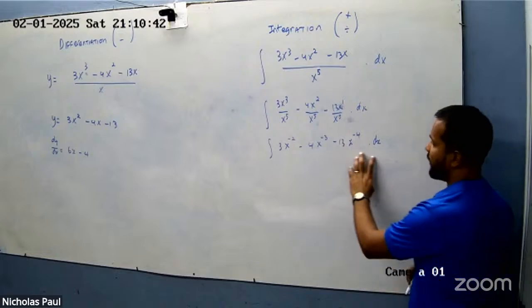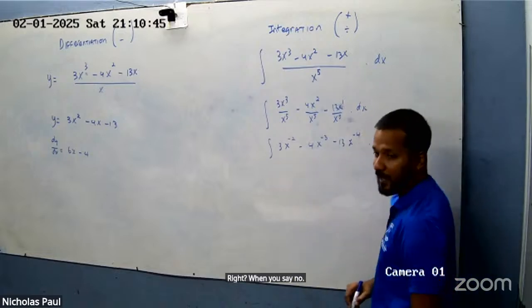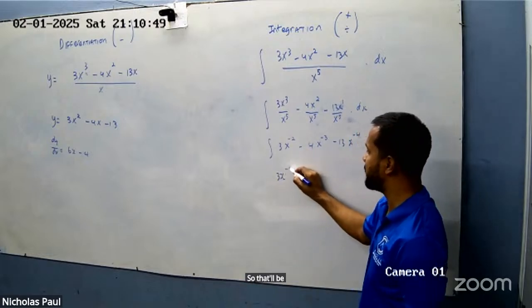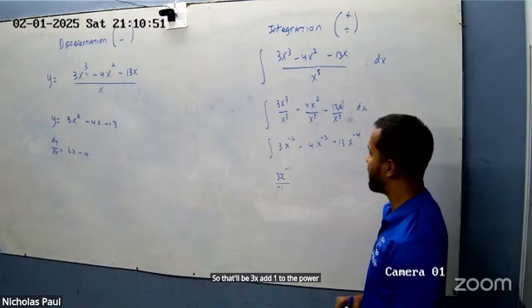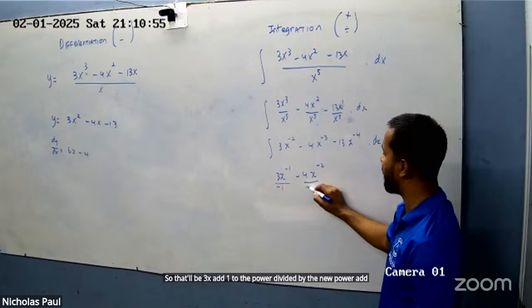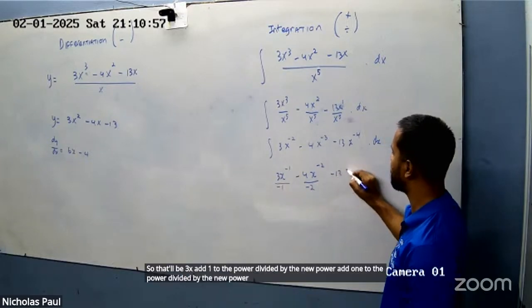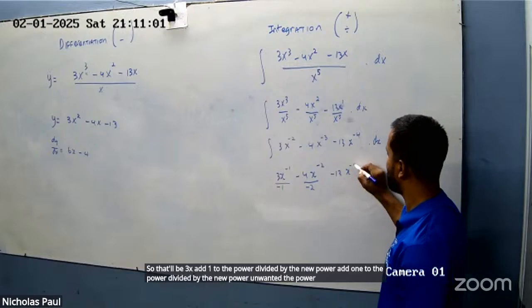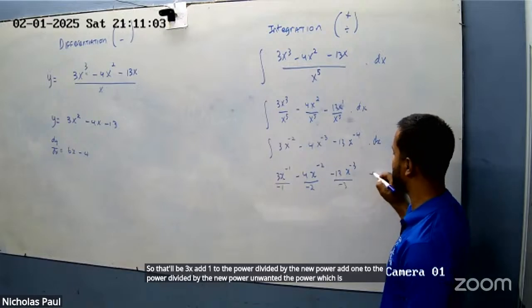When you reach here, now we can start to integrate. So that'll be 3x, add 1 to the power, divide by the new power, add 1 to the power, which is minus 3 over minus 3.